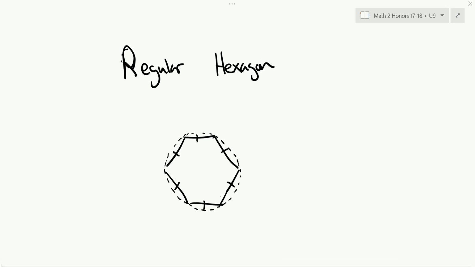Because all the chords are the same, all the measures are the same. How many chords are there? 6. And if a full circle is 360 degrees, split equally into 6 parts, each part is 60 degrees.